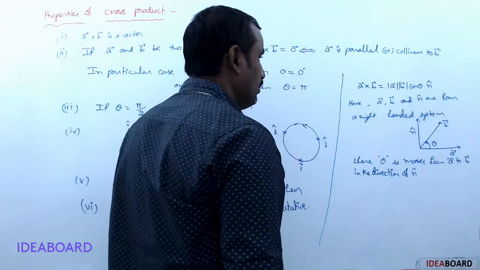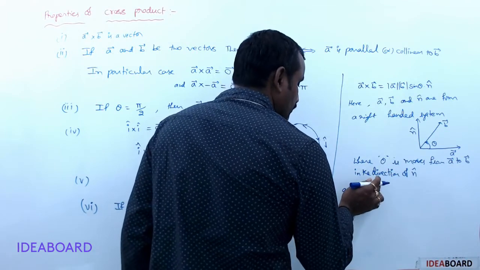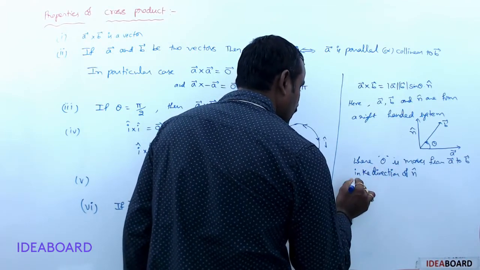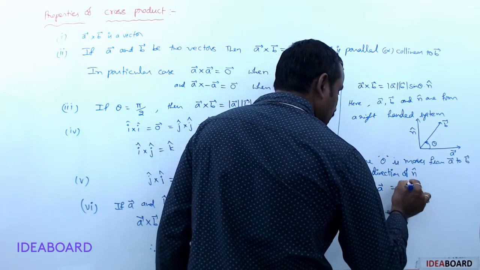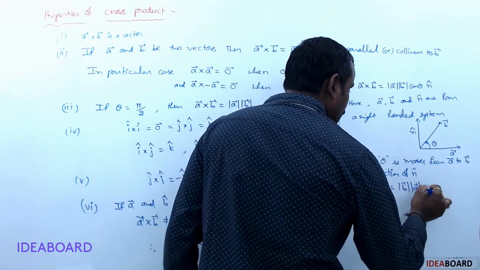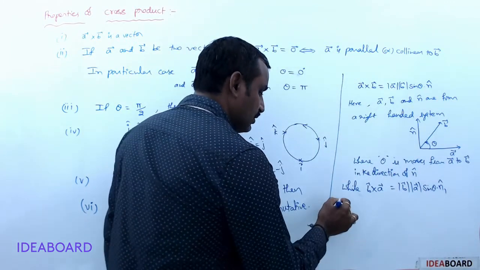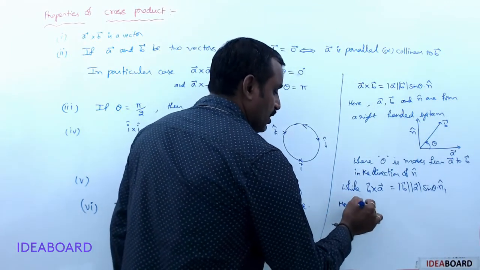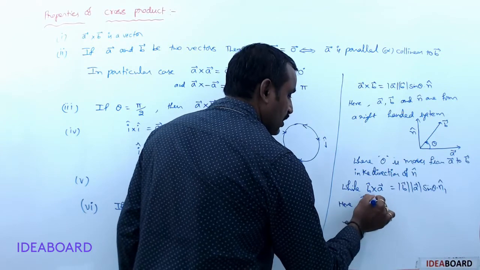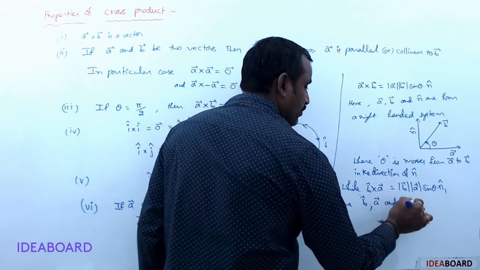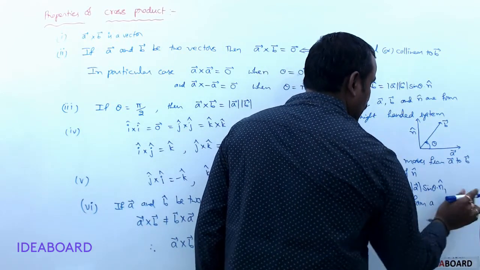So now for example, if you are taking B bar cross A bar, that is equal to mod of B bar into mod of A bar into sin theta into n1 cap. Here B bar, A bar and n1 cap form a right-handed system.